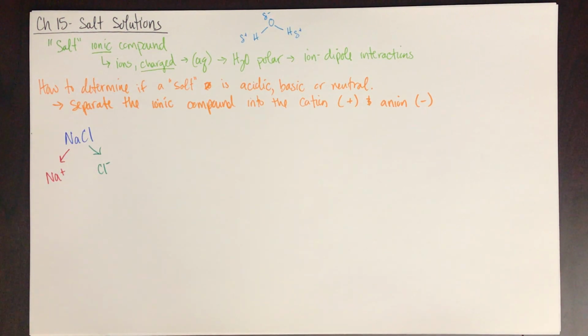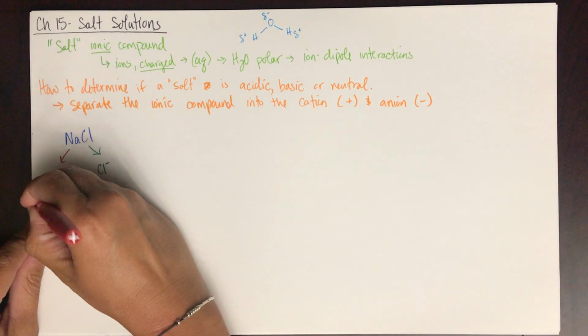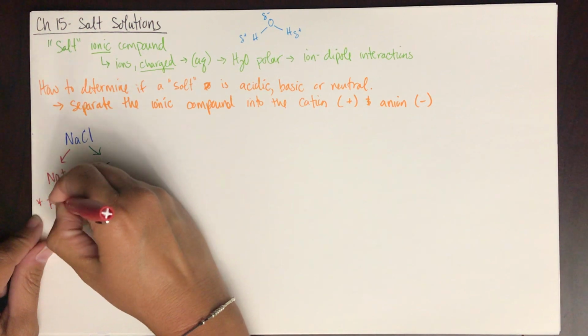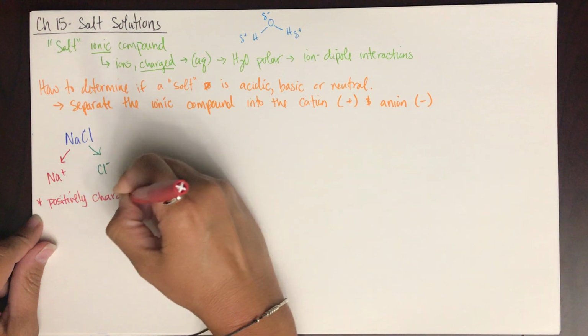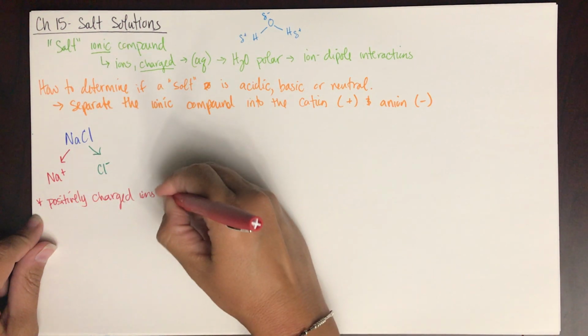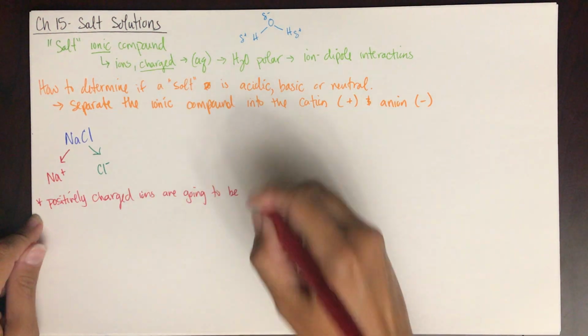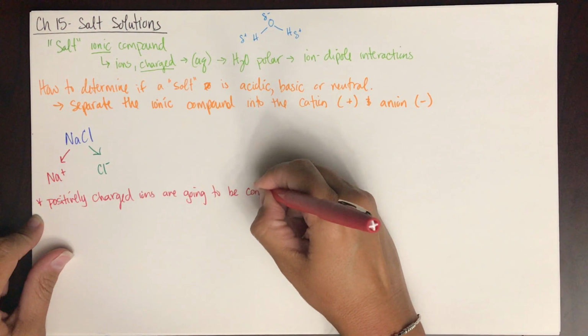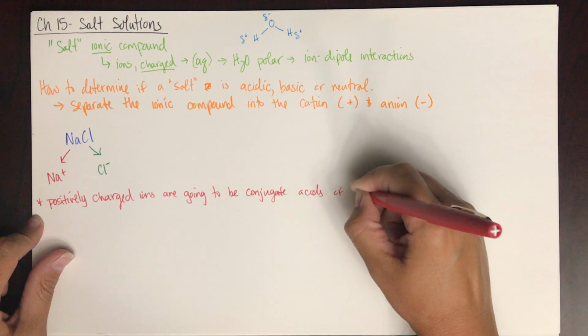So what we do is we see which acid or base this ion could have come from. So the positively charged ions are going to be conjugate acids of a base.